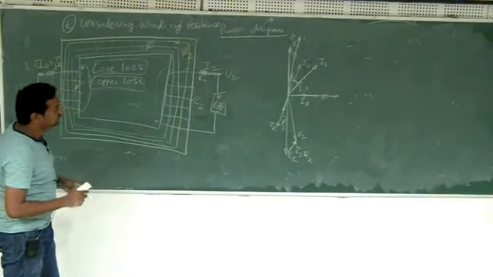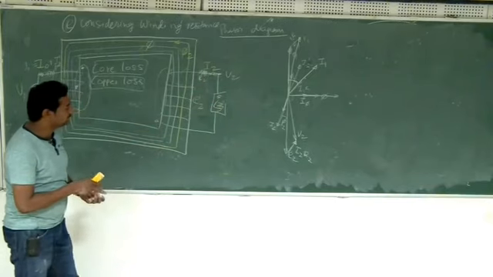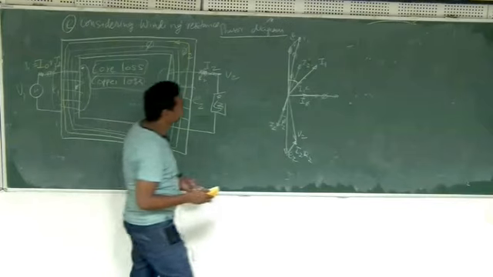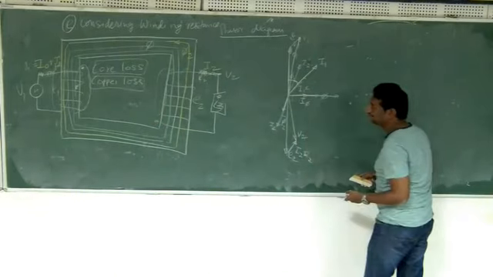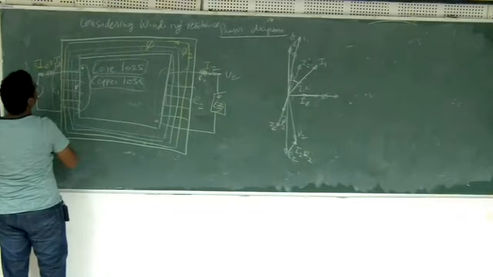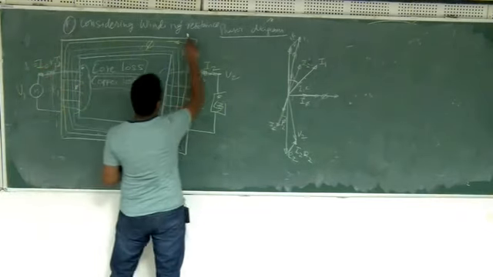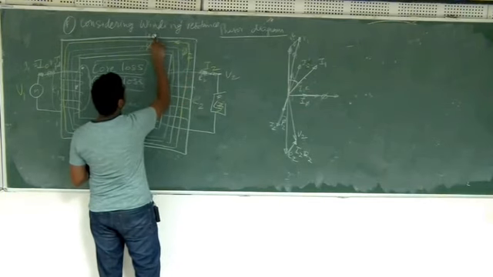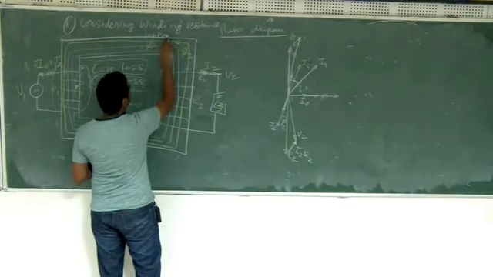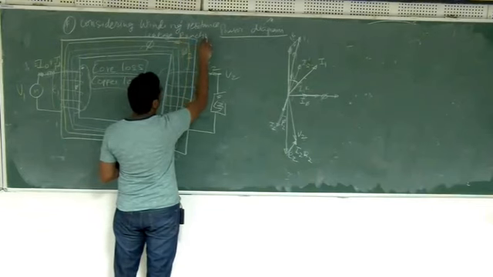Okay. So then what happens? Then there will be a drop here and all these things. So let me once again draw the diagram here. Now I am talking about case F, considering winding resistance and leakage reactance. I think this is the last case.